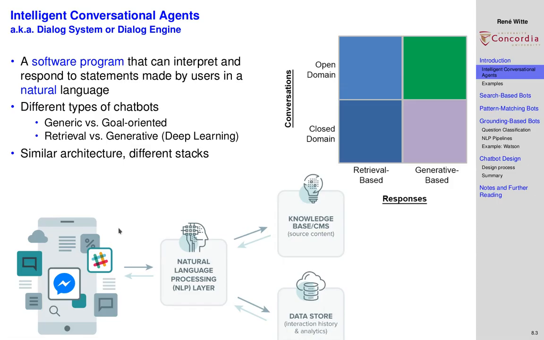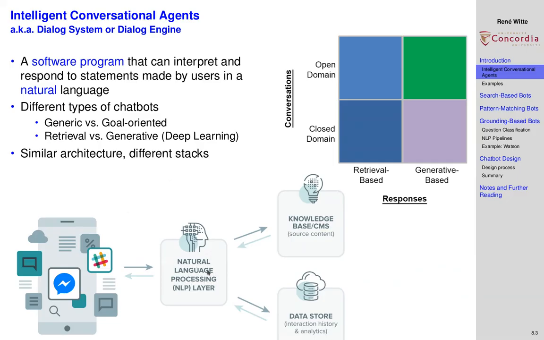You integrate with various applications like Slack, various messenger systems like Facebook Messenger, Google Messenger, WhatsApp, Line, and so on, and possibly other applications like Zoom or Skype or email integration. So this is the integration layer.